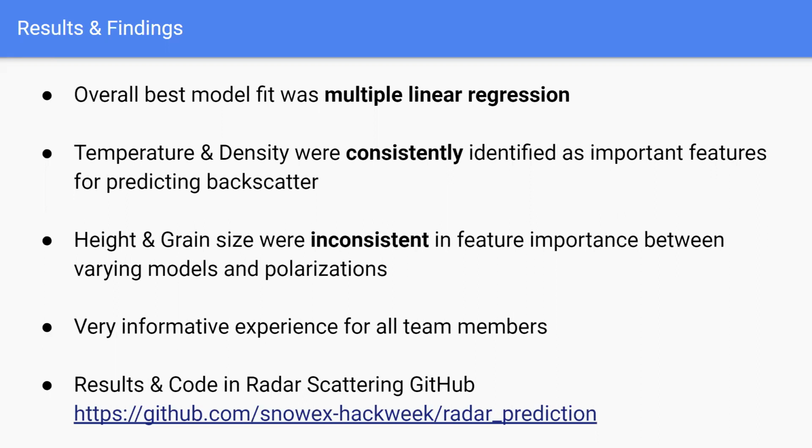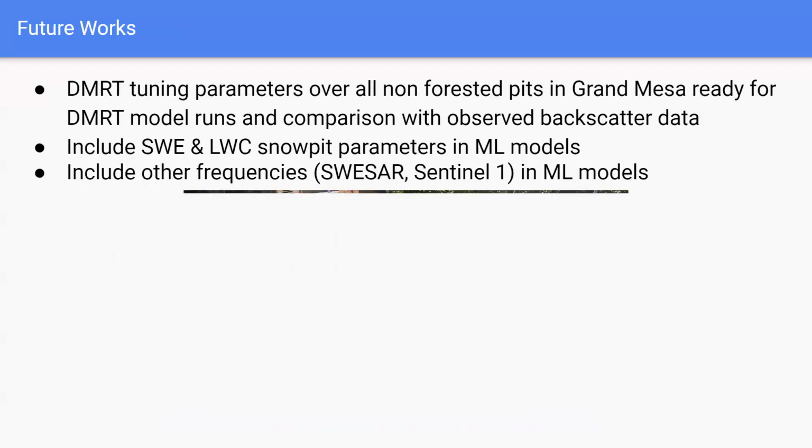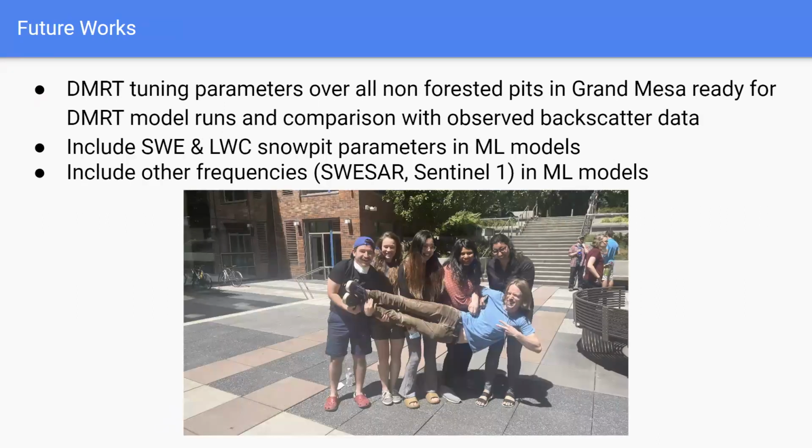We also found that height and grain size were not consistent, if not necessarily insignificant, in importance between different models and polarizations. That's our GitHub below.